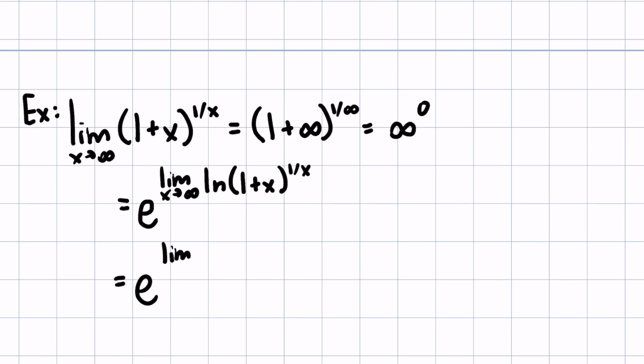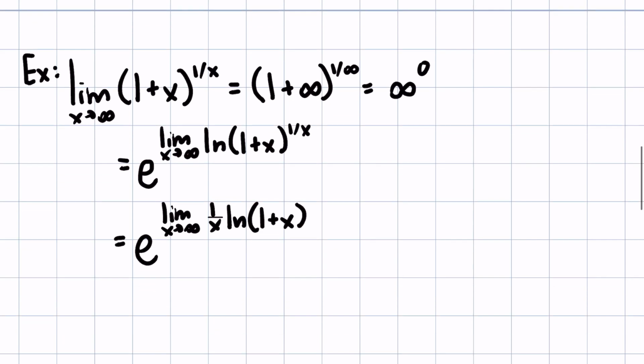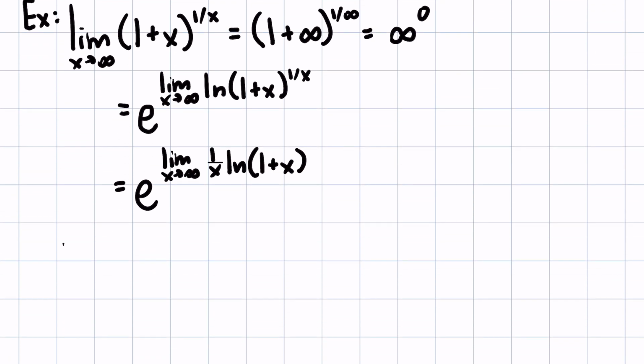So this becomes the limit as x approaches infinity of 1 over x times the natural log of 1 plus x. All right, and now I'm going to let u equal this exponent. So u is going to be equal to the limit as x approaches infinity of 1 over x times the natural log of 1 plus x.